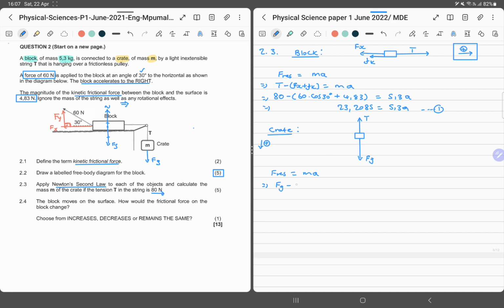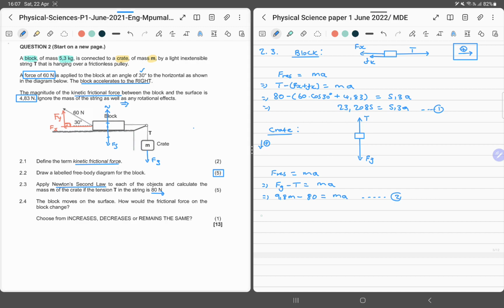So this is Fg minus the tension equals ma. Fg is basically 9,8 m because we don't know that mass, minus the tension, which is 80 newtons, is equal to m into a. Great, so this becomes equation 2.